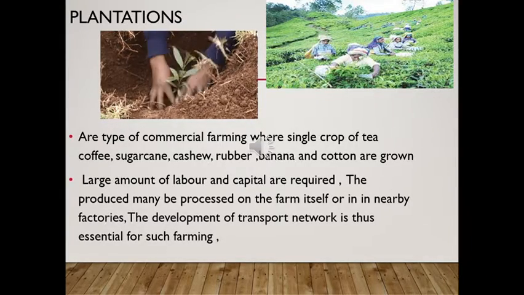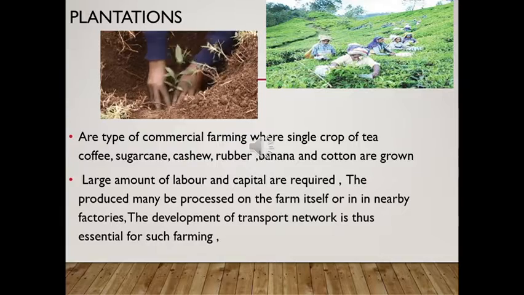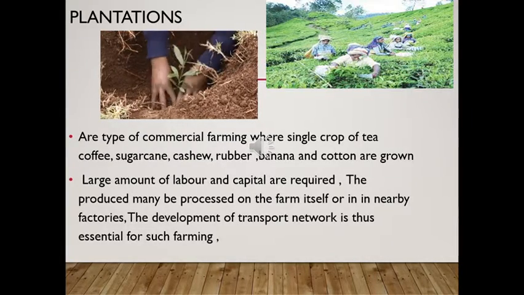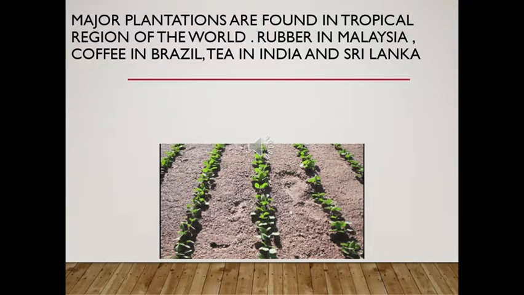Some of the important plantation crops are tea, coffee, cocoa, rubber, cotton, oil palm, sugarcane, banana, and pineapple. Major plantations are found in tropical regions of the world: rubber in Malaysia, coffee in Brazil, tea in India and Sri Lanka.